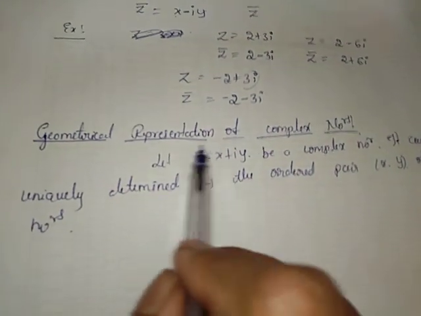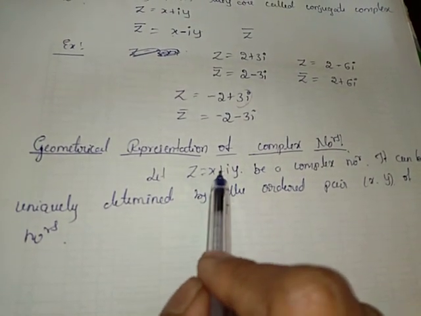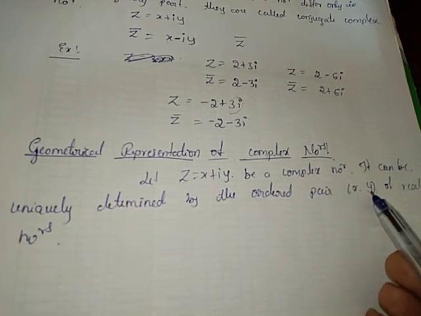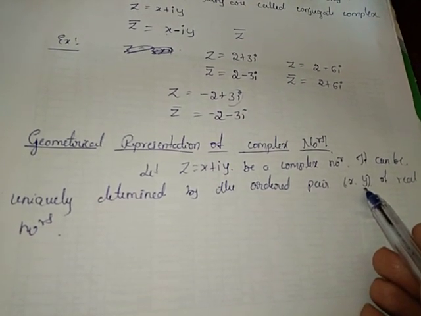This z equal to x plus iy is a complex number. It will be determined by the ordered pair x comma y. These x and y are real numbers.